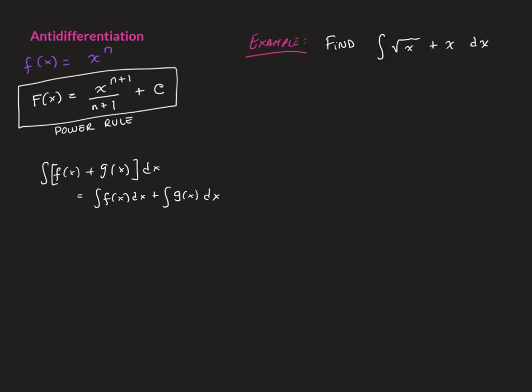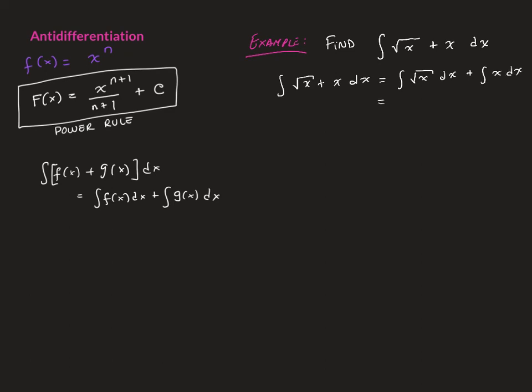One more example, find the integral of the function root x plus x with respect to x. So we can use the property that we were just talking about to separate this integral into two different integrals. So we're going to say the integral of the square root of x plus x is going to be equal to the integral of root x with respect to x plus the integral of x with respect to x.